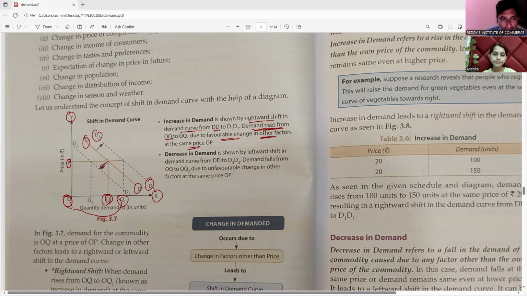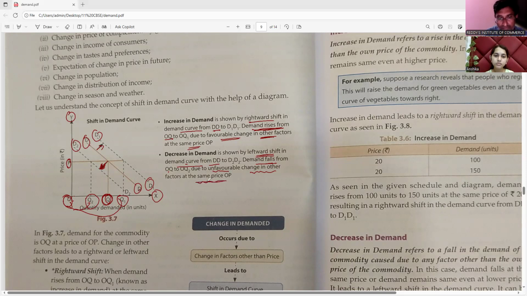But decrease in demand. Here is increasing demand, here is decreasing demand. It is shown by the leftward shift in the demand curve from DD to DD2. Demand falls from OQ to OQ2 due to unfavorable change in other factors at the same price.